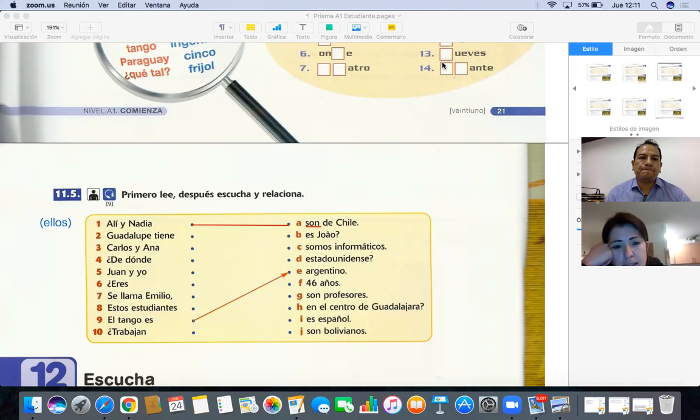Guadalupe tiene, and then the F, 46 años, right? We did that one because it says Guadalupe has 46 years. So we talked about the use of tener, tengo, tienes in Spanish. One of them is age, right? Por ejemplo, yo, Marco, yo tengo 47 años.